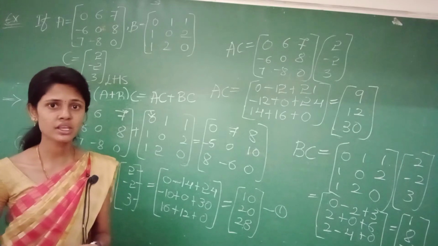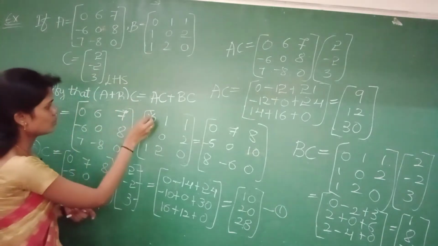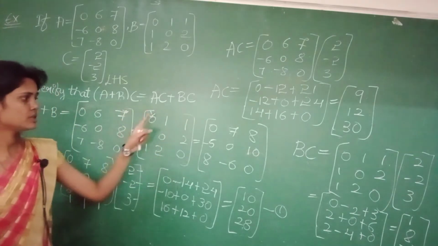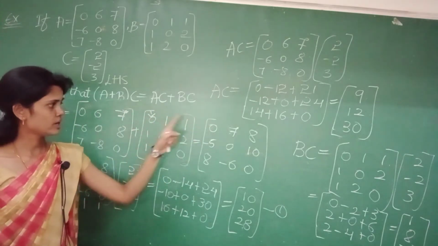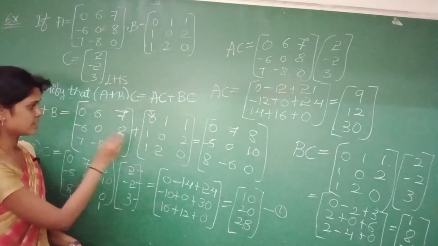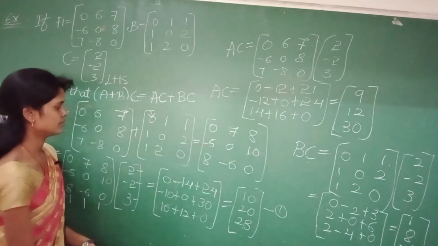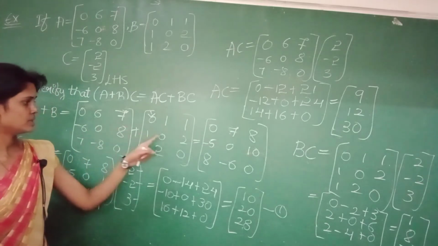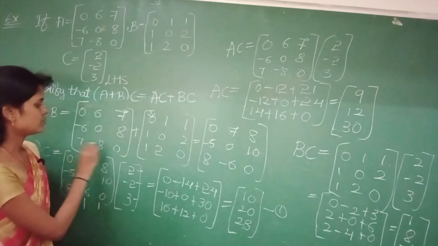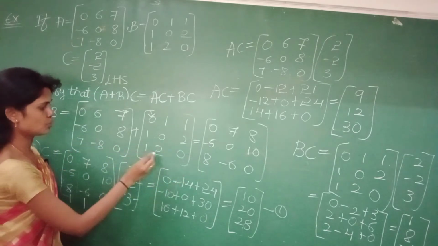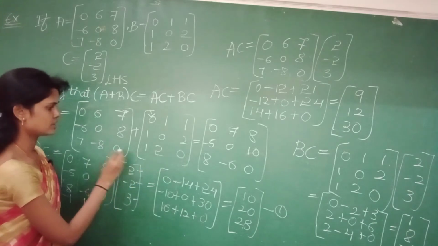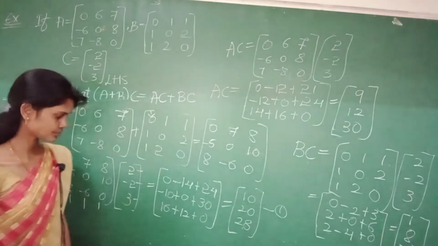So 0 plus 0 is 0, 6 plus 1 is 7, 7 plus 1 is 8, then minus 6 plus 1 is minus 5, and 0 plus 0 is 0, 8 plus 2 is 10, 7 plus 1 is 8, minus 8 plus 2 is minus 6, 0 plus 0 is 0.